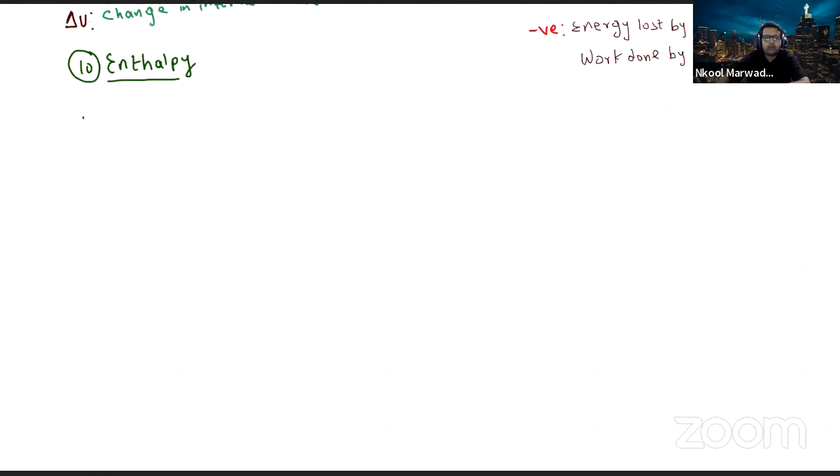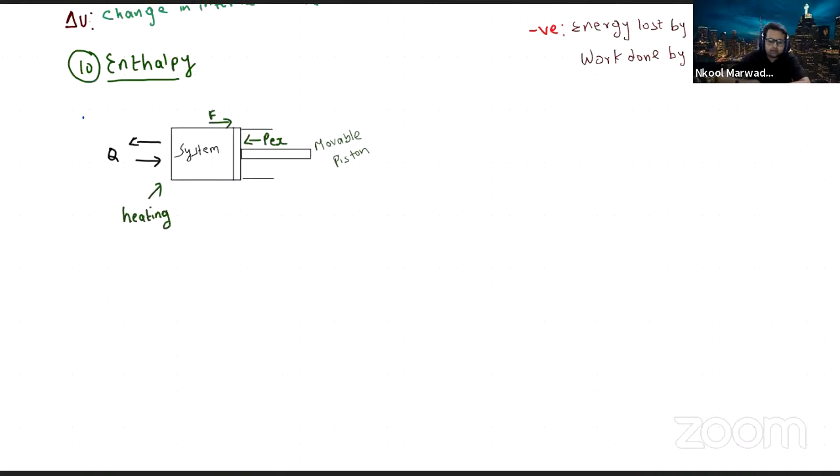Now what I'm trying to say is that if pressure is constant, or external pressure, then in order to do a significant work, there should be some change.